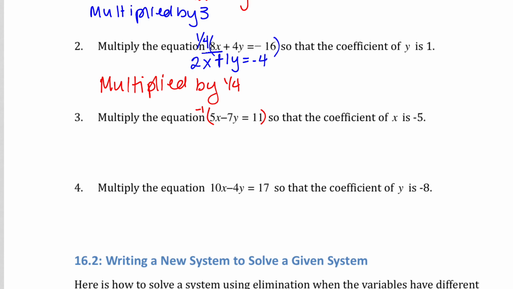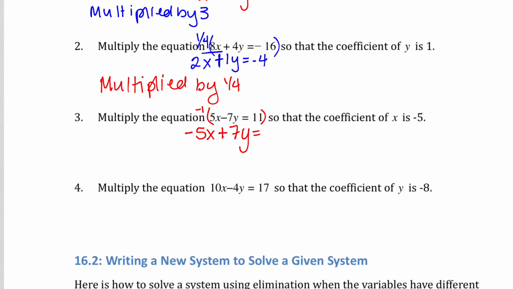Okay. So what's negative 1 times 5x? Negative 5x. What's negative 1 times negative 7y? Positive 7y. And what is negative 1 times 11?